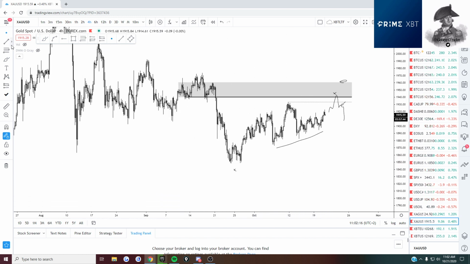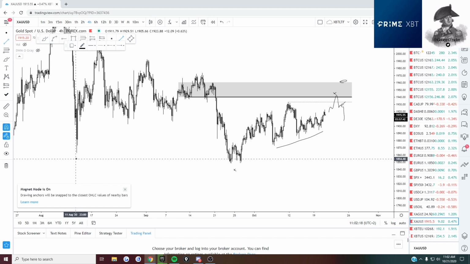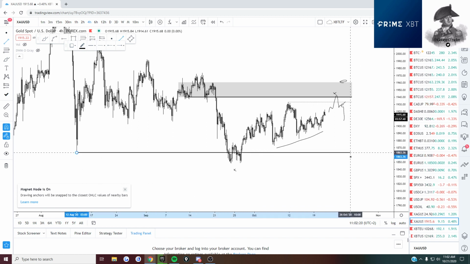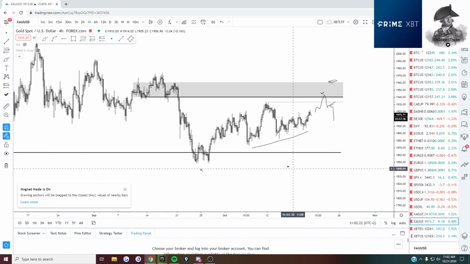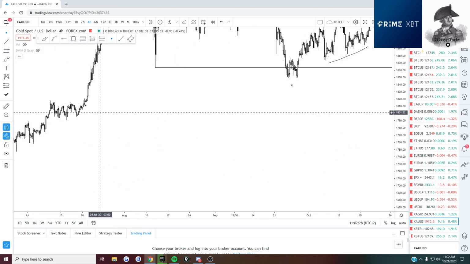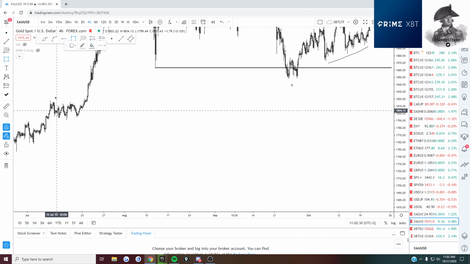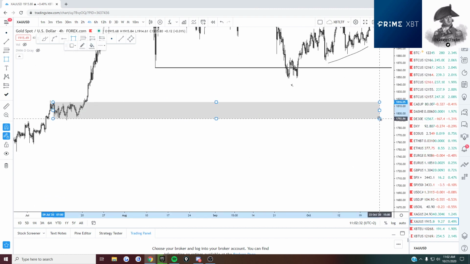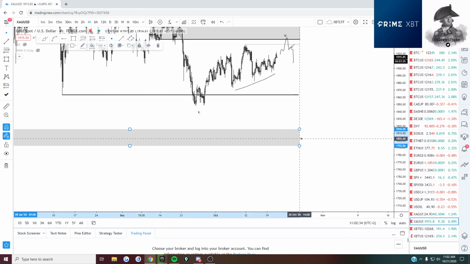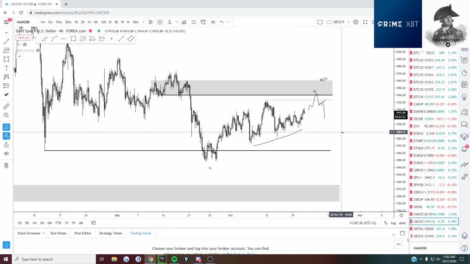And yeah, this is our range low that got deviated here. So first target these lows into this demand, and then if we break below here, these lows into most likely this consolidation. So that's what I'm watching on gold, the bearish scenario.